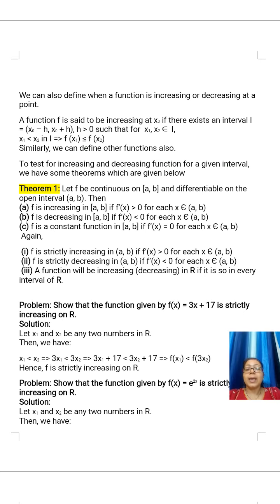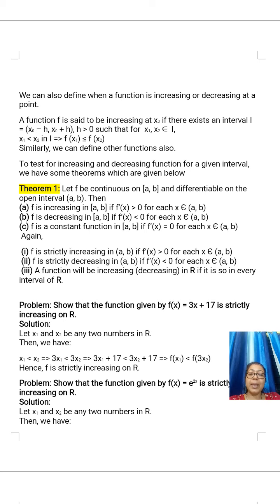Now f is strictly increasing in open interval (a, b) if f'(x) is greater than 0. f is strictly decreasing in open interval (a, b) if f'(x) is less than 0. And a function will be increasing or decreasing in R if it is so in every interval of R.